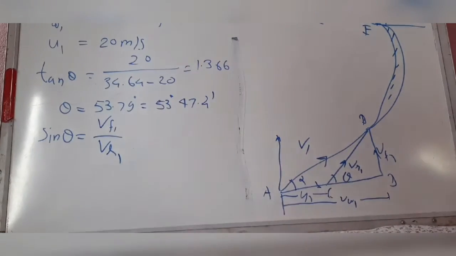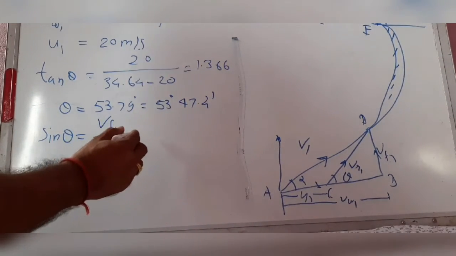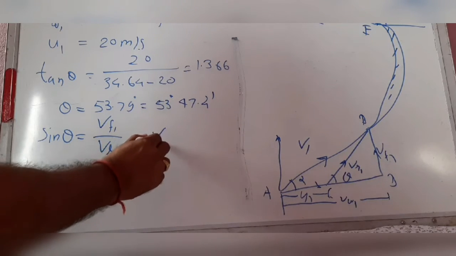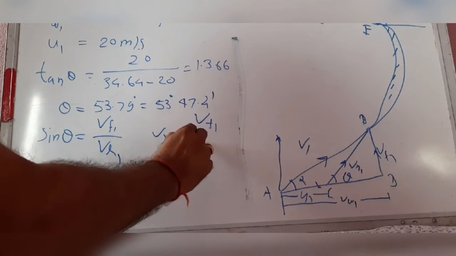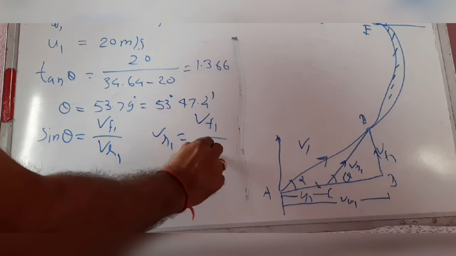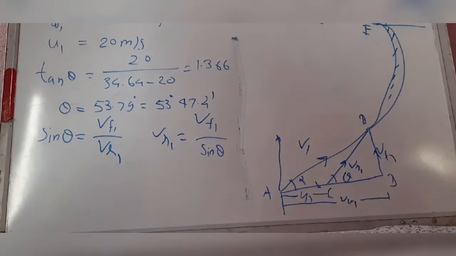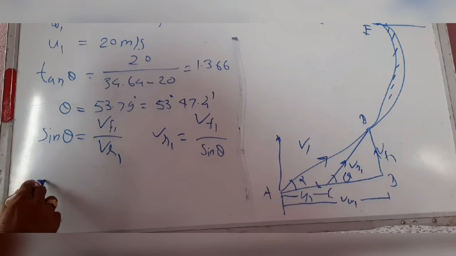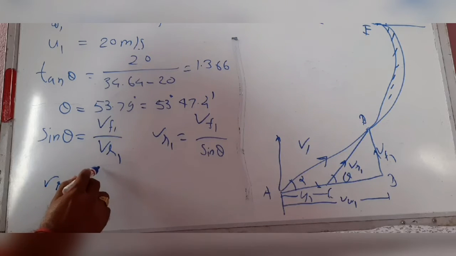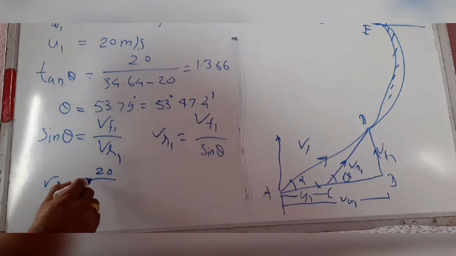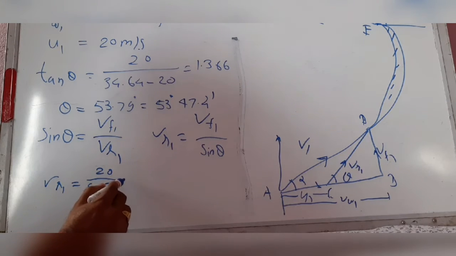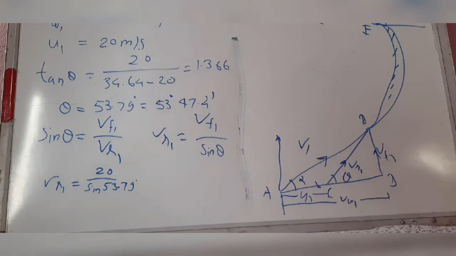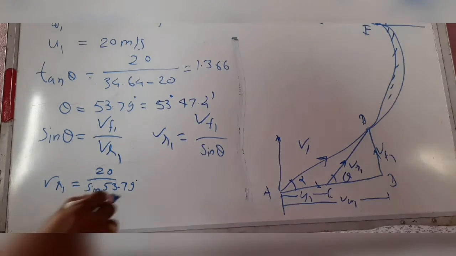This is sin theta, or VR1 is equal to VF1 by sin theta. Now putting the values, VR1 is equal to 20 by sin 53.79.